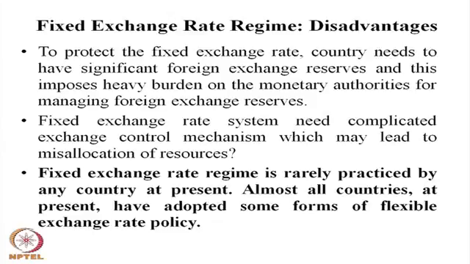The misallocation of resources arises because the monetary authority intervenes in the foreign currency market every moment to keep the rate constant, and there are many uses of foreign currency assets, but these assets are being sacrificed to maintain the fixed exchange rate regime.